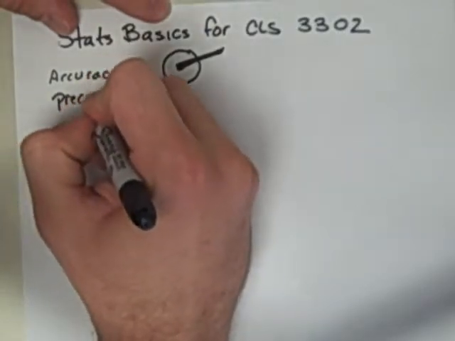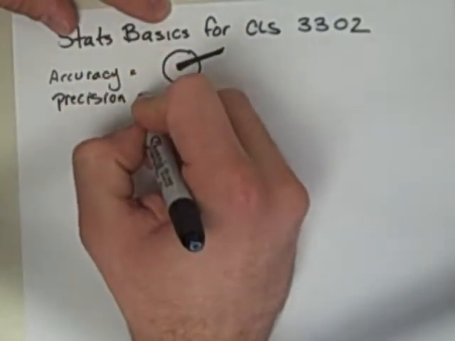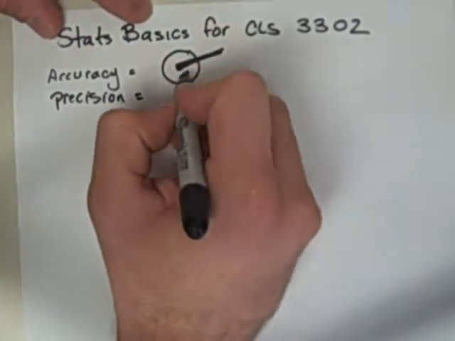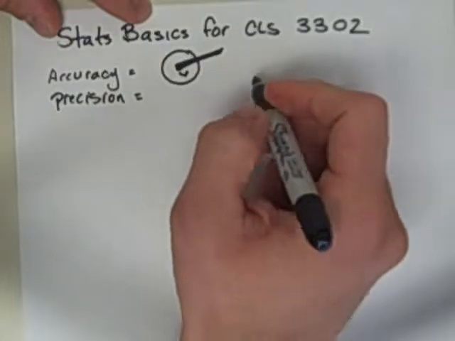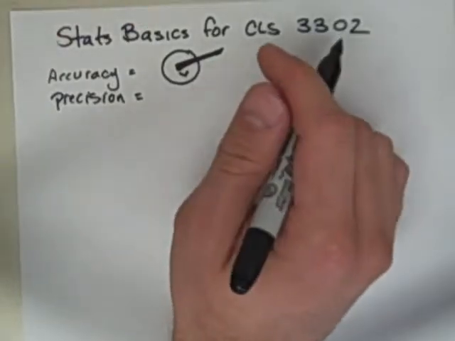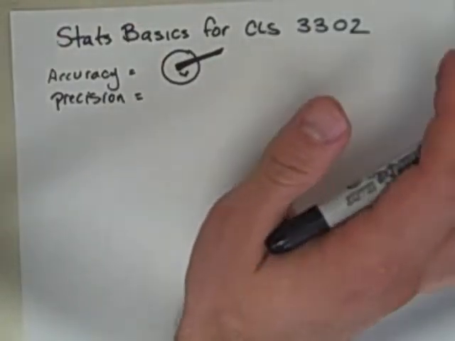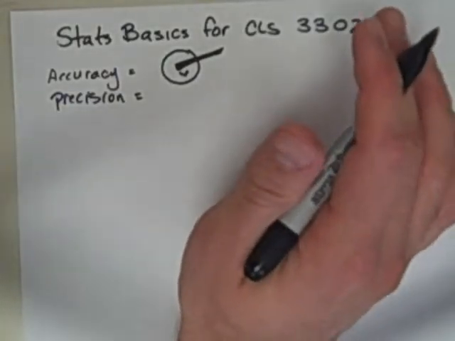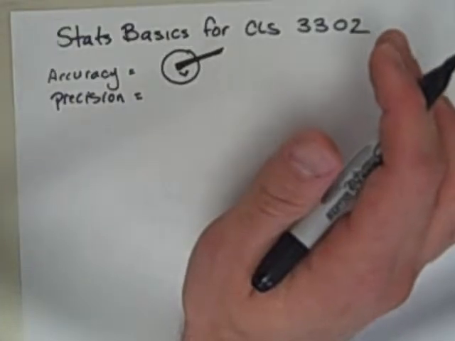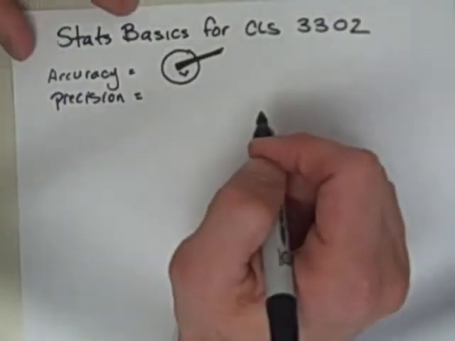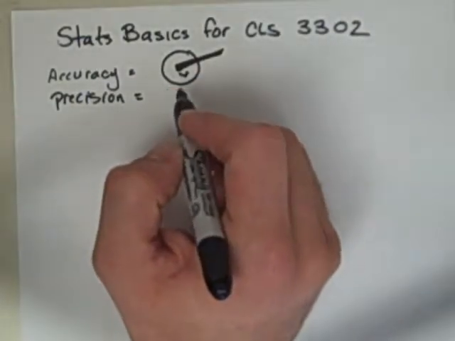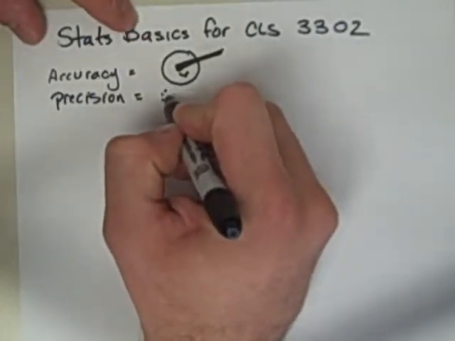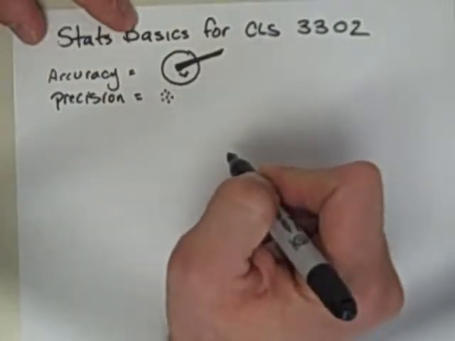Then we have the idea of precision, which is a little different. Instead of the distance I am away from the target, with precision we're looking at the distance each dart or value is from another point, if we're talking about lab work. Someone who throws darts very precisely is going to have all their points relatively close together.